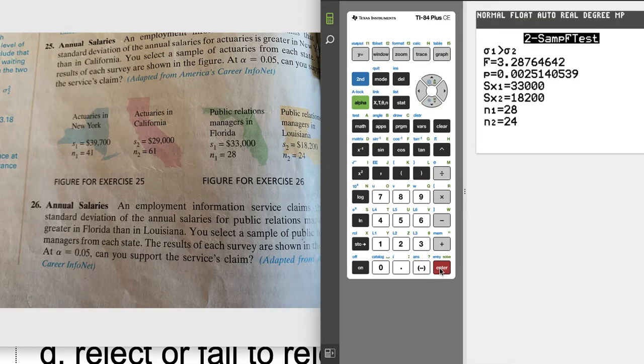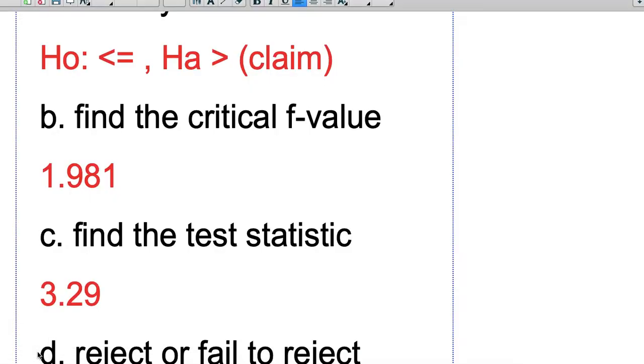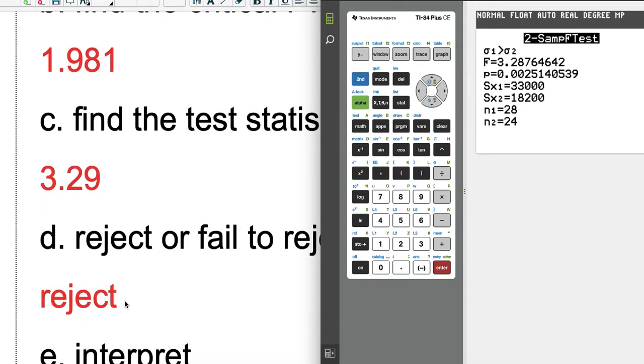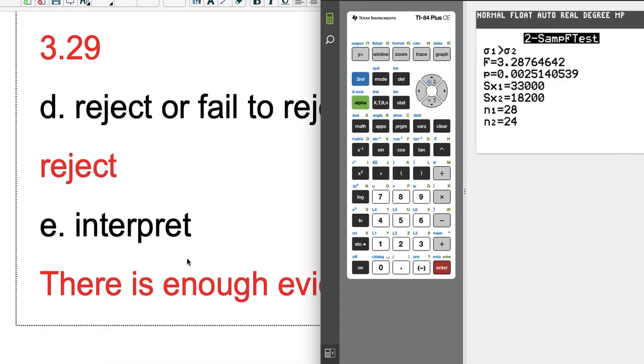Calculate. 3.28, is that correct? 3.29 is what I got earlier, 3.29. Good. Okay, we're going to reject H0 because this number, our test statistic, is greater than our critical value of 1.98. So we're greater than, we're going to reject H0, interpret.